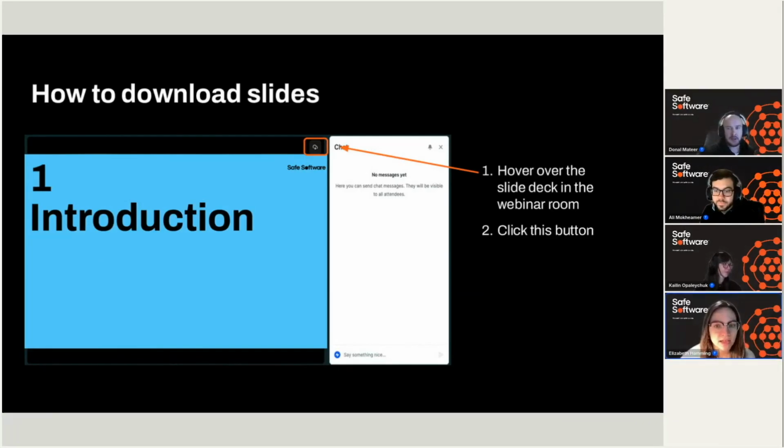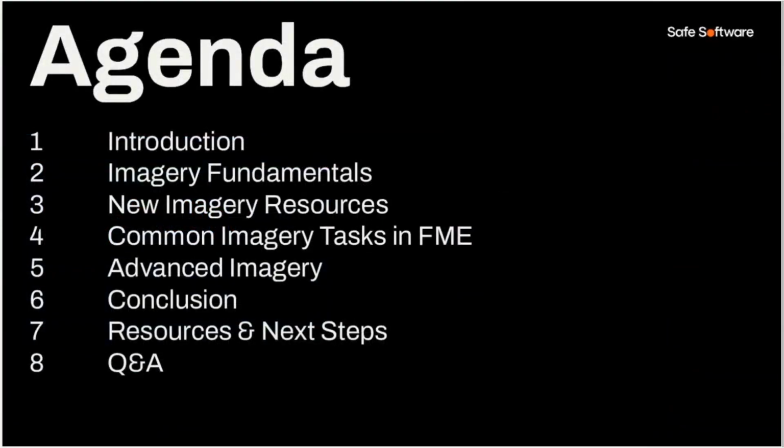Okay, with that, I will pass things over to Donald for our agenda. Yeah, thanks, Elizabeth. Good morning, all, and thank you for joining. To kick us off, I'm going to give us a quick run through of our agenda. So the introduction and imagery fundamentals, I'm going to be taking care of this part. And then I'll hand it off to new imagery resources, which Ali will go through. There's some great new transformers that we've created that we want to show off.